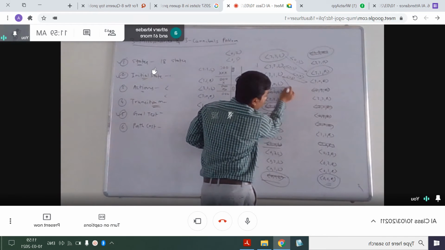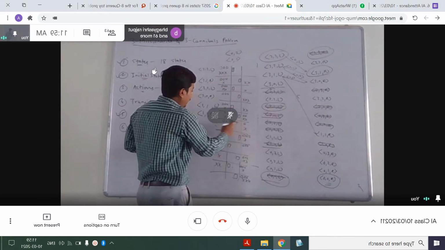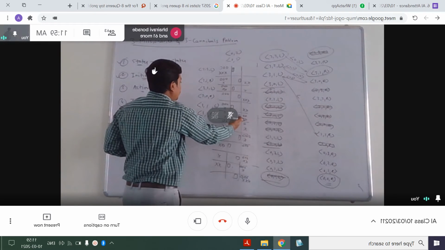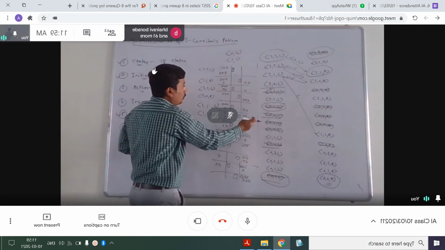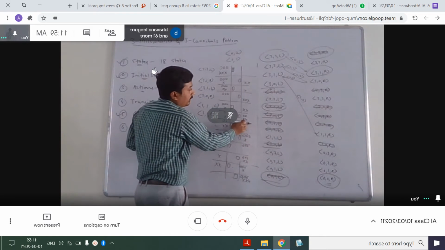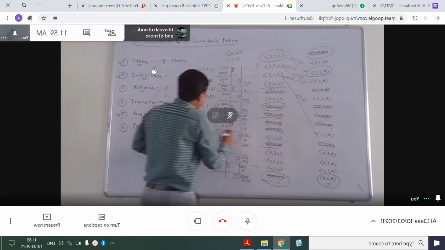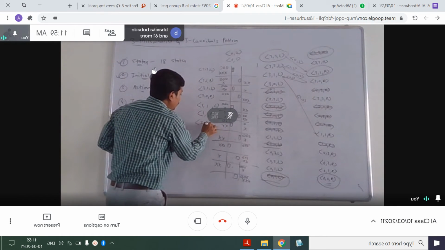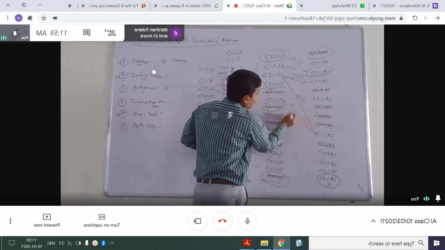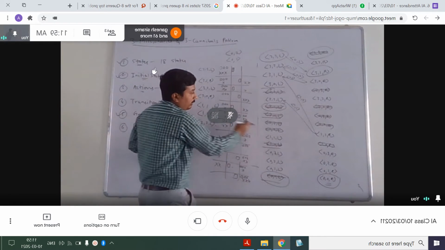So from here we will go to 1 1 R, and the movement was 2 0: 2 missionaries traveled. Then here we have 2 2 L. What was the movement? 1 1, 1 missionary and 1 cannibal traveled.